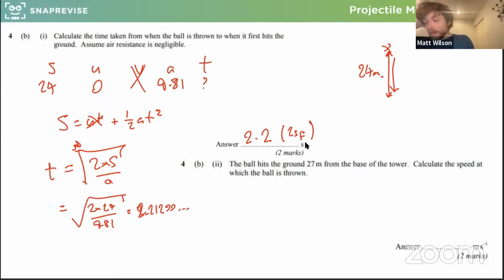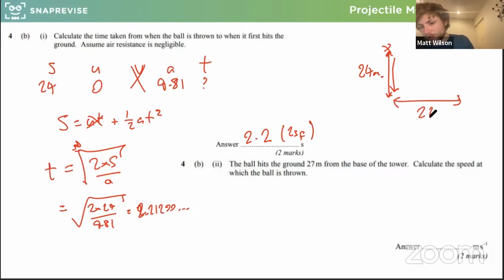Okay, good. Next question. In 4B, we're told that the ball hits the ground 27 meters from the base of the tower. We're asked to calculate the speed at which the ball is thrown. So this is 27 meters from the base.